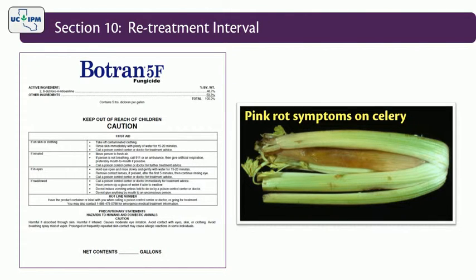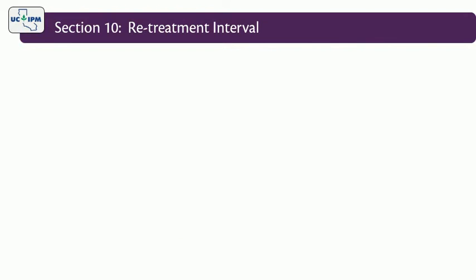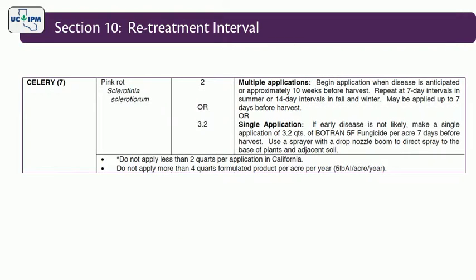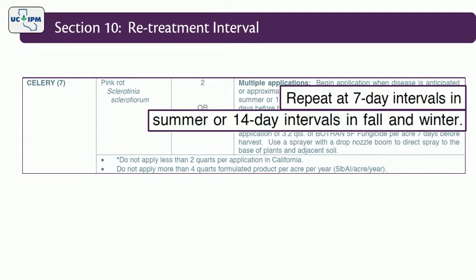What does the label say about the retreatment interval? You'll notice that the retreatment interval changes with the season. There's a 7-day retreatment interval when applying in the summer and a 14-day retreatment interval in the fall and winter. That is because the ambient temperature affects the fungicide breakdown rate.